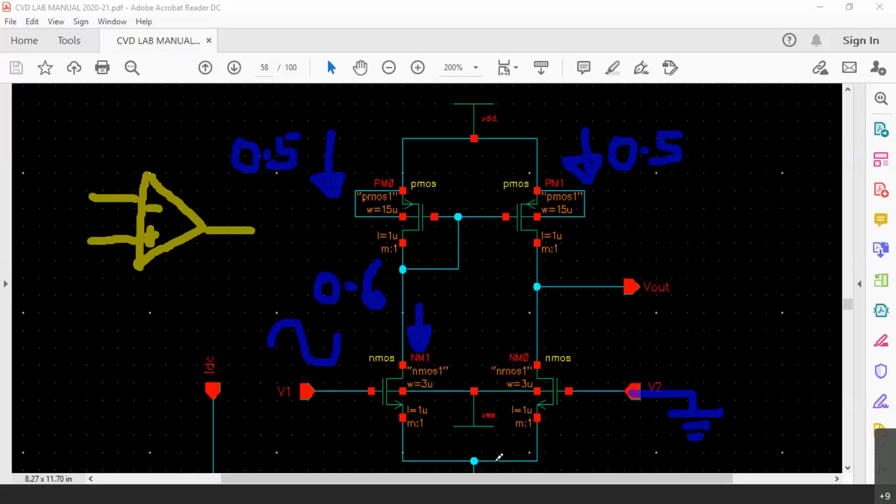Now as the total current has to be constant, what should be the current here now? The current here should be 0.4 milliampere. When this is 0.6, total it is 1 milliampere, 0.6 plus 0.4. Because of the input signal, when the current through the left side branch increases, current through the right side branch has to reduce because at the bottom, the current is 1 milliampere only.